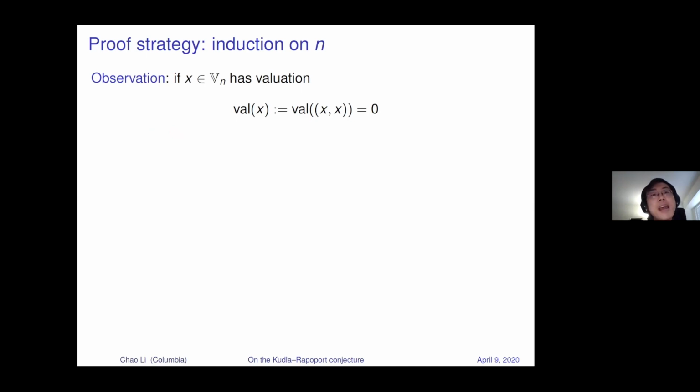Namely, if I take a vector inside this Hermitian space with valuation 0, in other words, the norm of this vector is a unit, then the Hermitian lattice can be split as an orthogonal direct sum of this unit norm vector x and its orthogonal complement. That's very special for a unit norm vector.